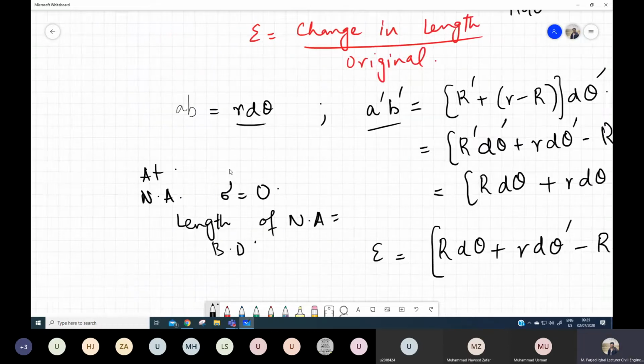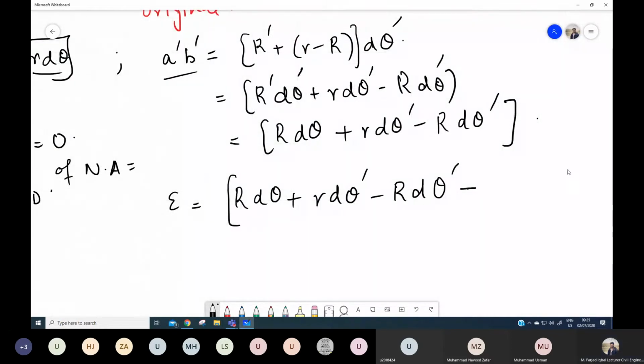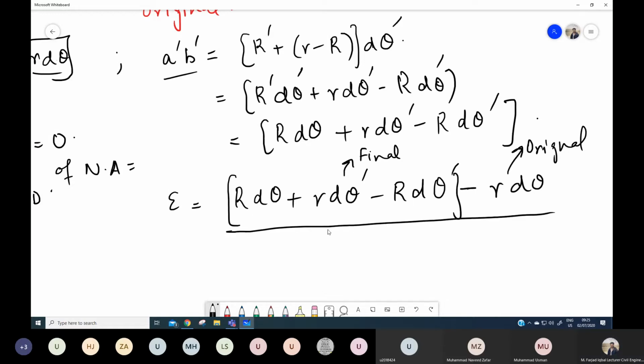The original length is this one, that is small r d theta. So I would replace it over here, minus r d theta, which is the original length, divided by the original length, that is again r d theta, right?